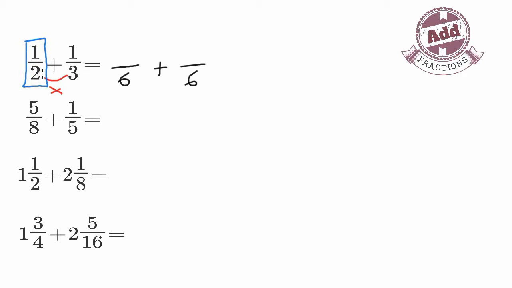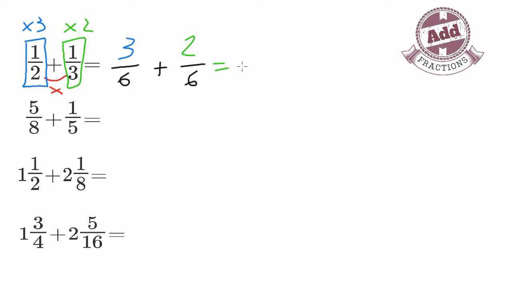So the first fraction, we need to multiply that one by 3. 3 times 2 gives us a 6 on the bottom. So we multiply the top by 3. The second fraction, a third, we're going to multiply that by 2. So 2 times 3 gives us a 6. 2 times 1 gives us 2.